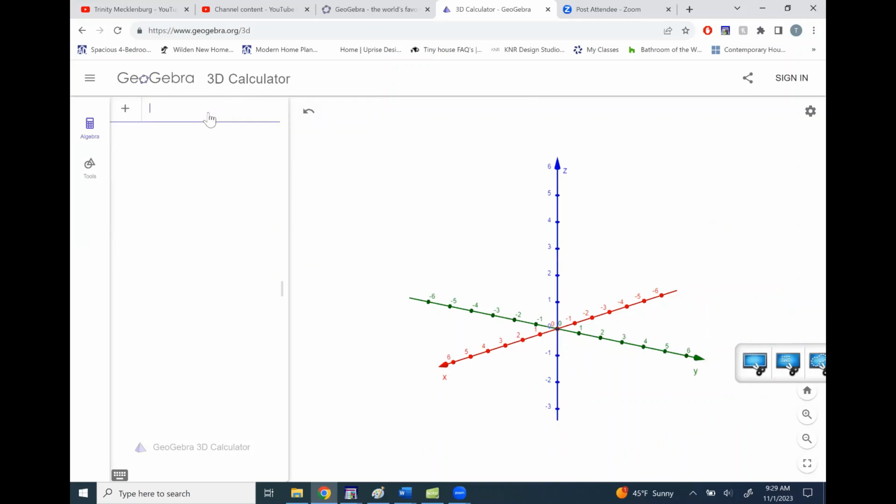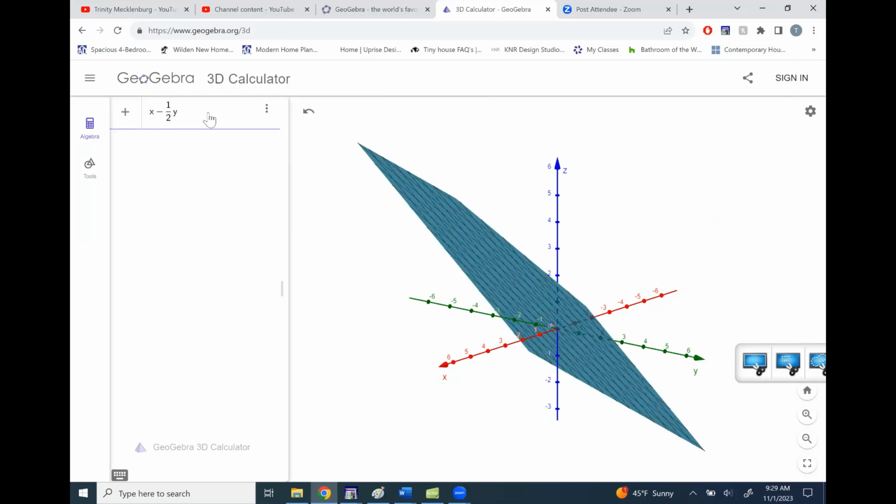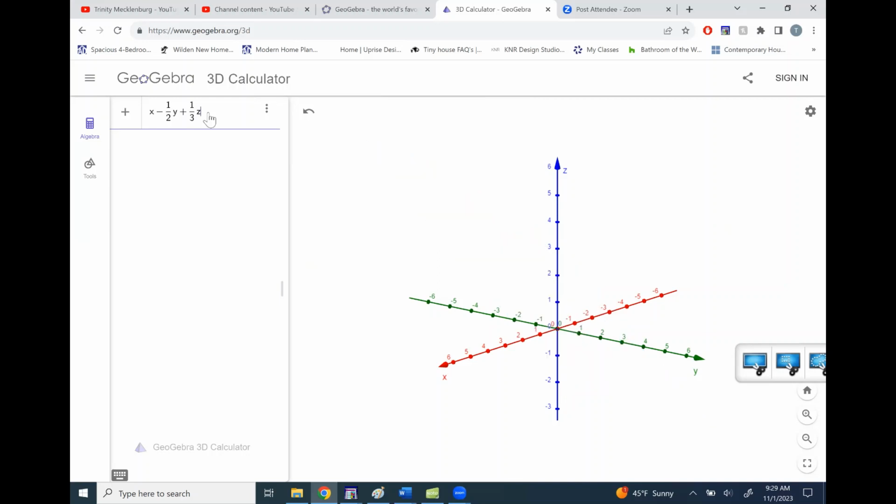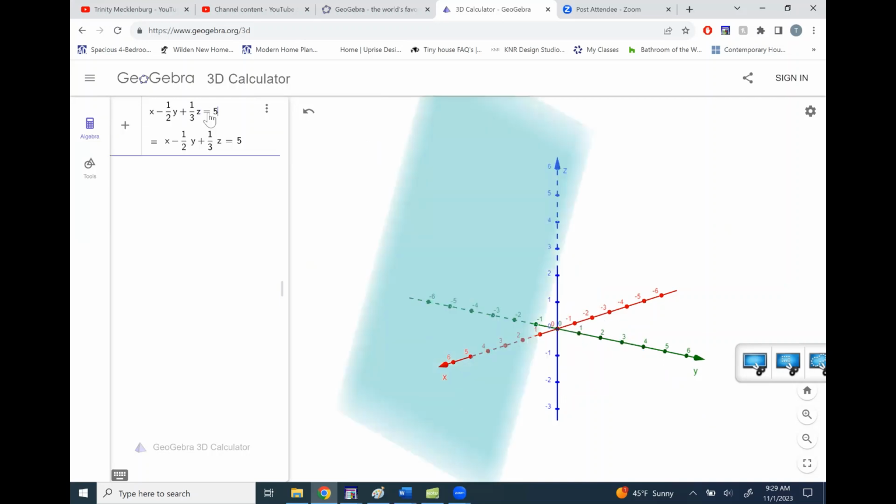Okay, so let me go plug in those originals. X minus 1/2 y plus 1/3 z. And I'm putting in the original in case I made a mistake on my simplification. So I don't want to put in the ones where I already did some math to it, because that might have been where the mistake happened.